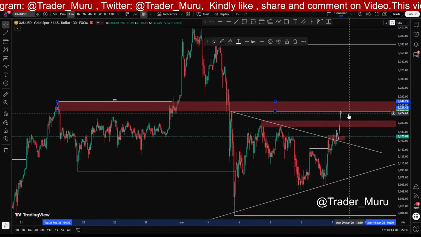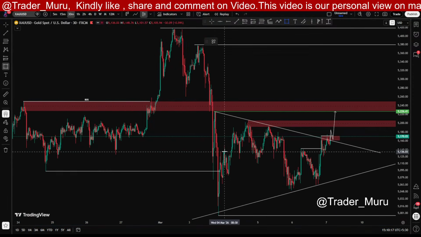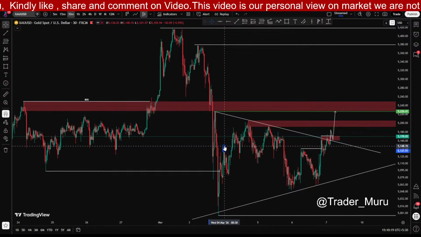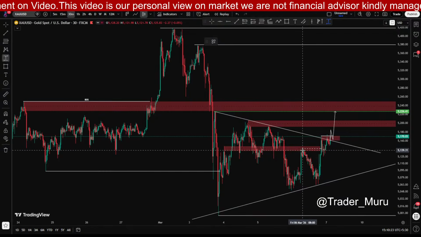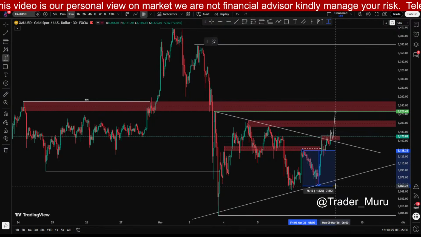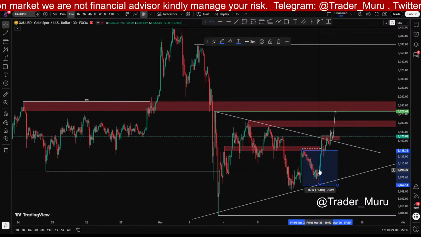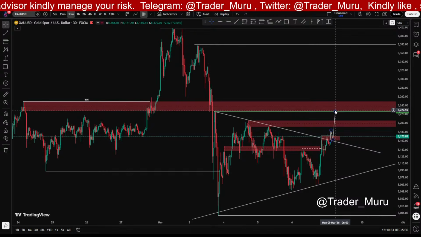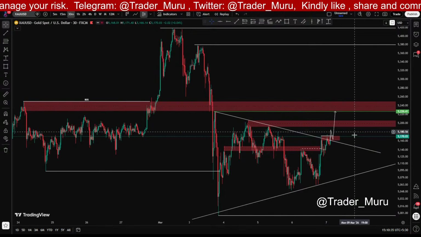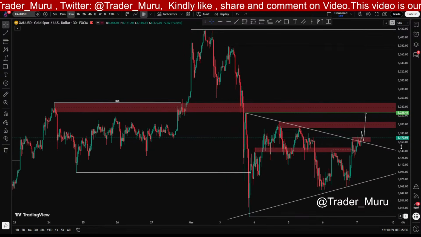This is the 4-hour QML area. Just like this 1-hour QML area here, it gave a nice drop. Just look at this. This was approximately, if I calculate, more than 700 pips. So possibly we will see the same price action from here. If we get a test here, then we will be shorting here. If we get a breakout and retest here, we will be on long position here.